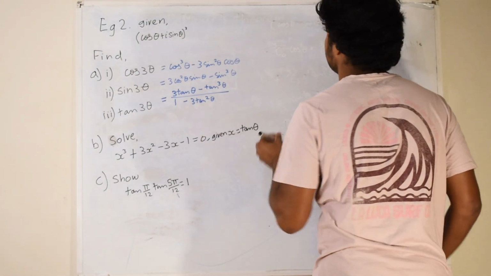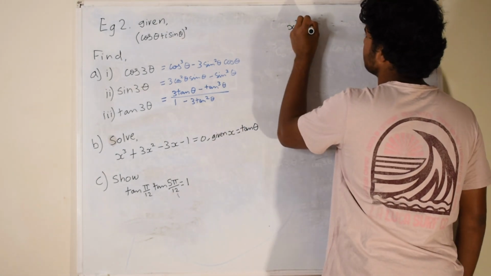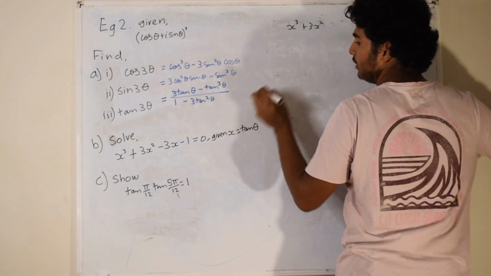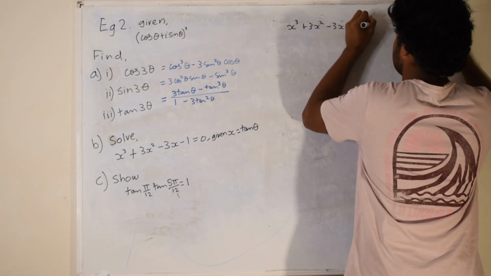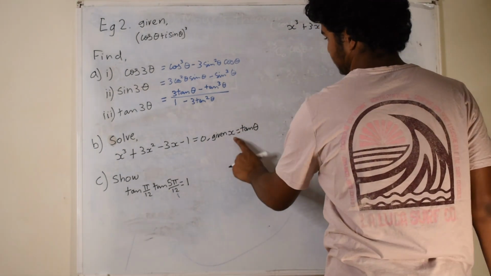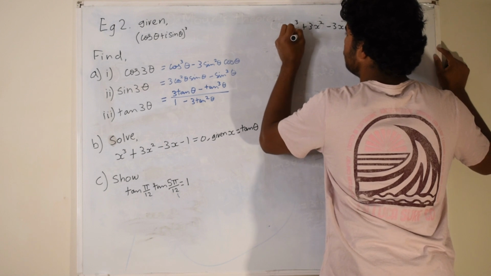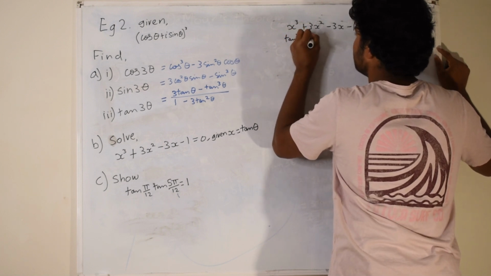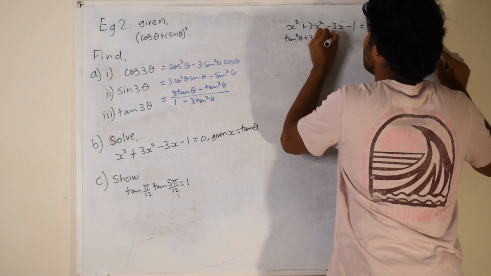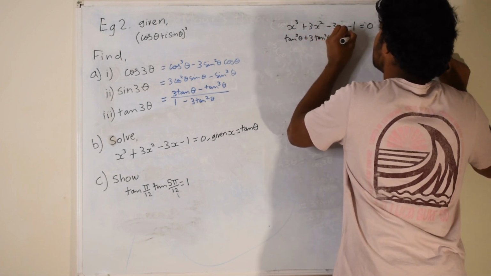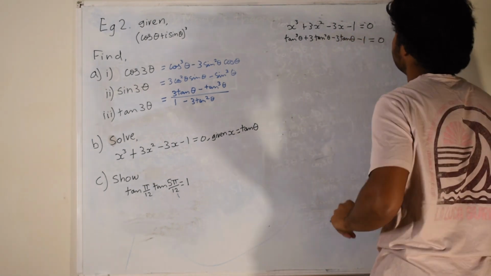So we have x cubed plus 3x squared minus 3x minus 1 equals 0. And it says use x equals tan theta. So let's just sub that in. So we get tan cubed theta plus 3 tan squared theta minus 3 tan theta minus 1 equals 0.